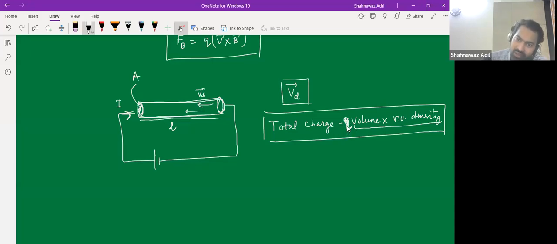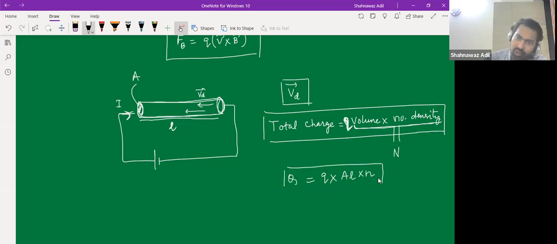So this is charge on one particle, and this is capital N. So the total charge would be how much? This is Q, and volume is area into length, and number density is N. So this is my total charge.